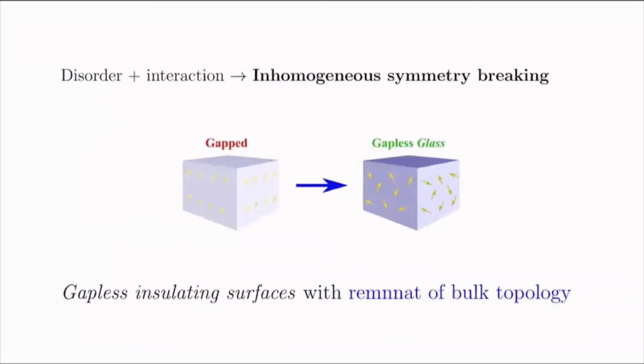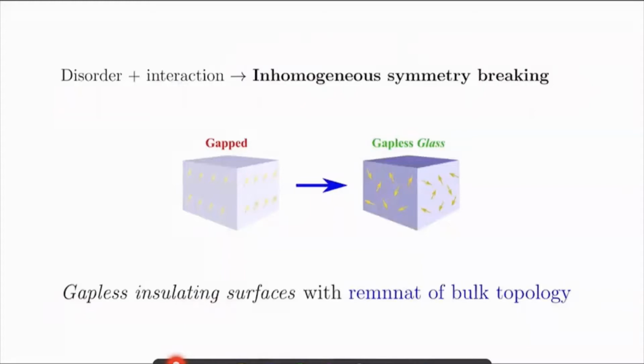In this talk, I will show you that a new kind of state can arise on the surface of a topological insulator in the presence of both disorder and interaction through a mechanism I call inhomogeneous symmetry breaking. The surfaces can become gapless and insulating, reminiscent of the Anderson localization.